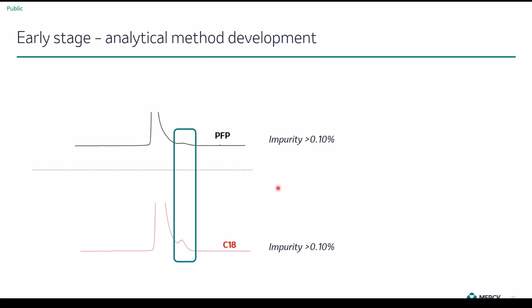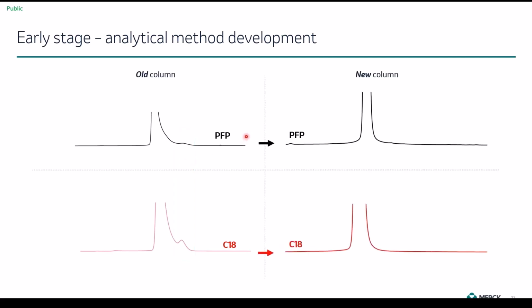For example, here, if we look at this column, we can see that we can separate the main peak from a suspected impurity with an area above 0.1%. However, if we test the same method, the same analyte on new columns with the same stationary phases, we see that the impurity disappears.